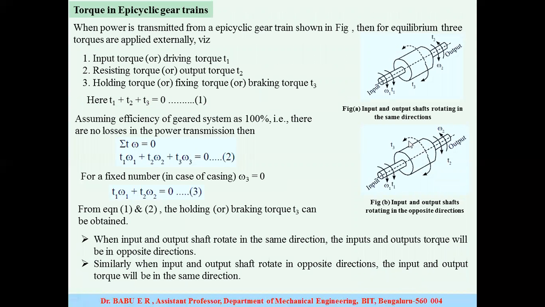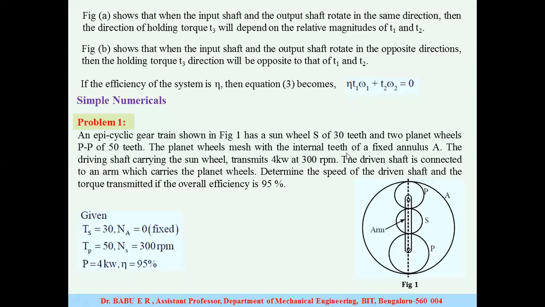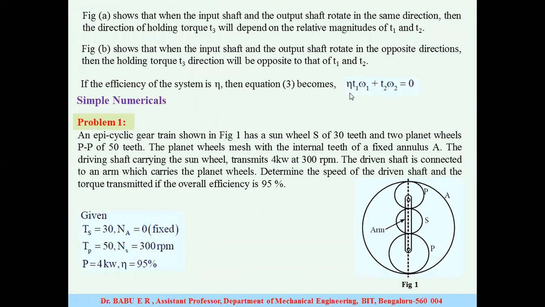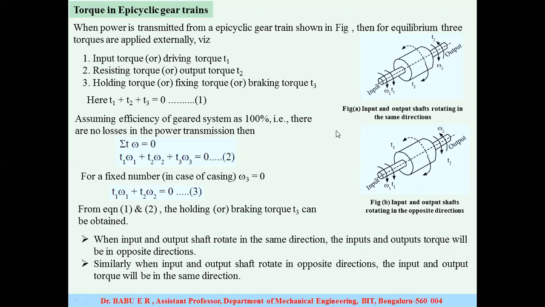So this is the torques in epicyclic gear train. If the efficiency of the system is eta, then equation 3 becomes eta times T1 omega 1 plus T2 omega 2 equals 0. This formula will be used to calculate the torques in the gear trains.